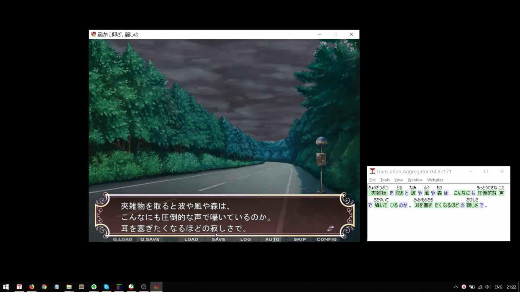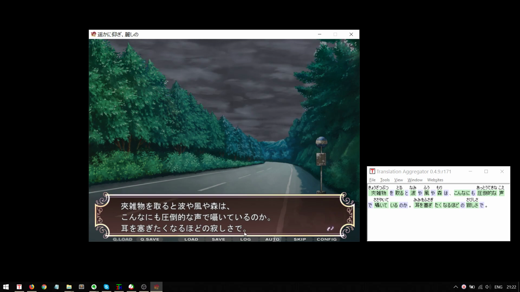This word sabishisa means the loneliness of a place, how a place feels lonely. So it's saying that it's so lonely that it makes you want to cover your ears. How much loneliness? So much loneliness that it makes you want to cover your ears.